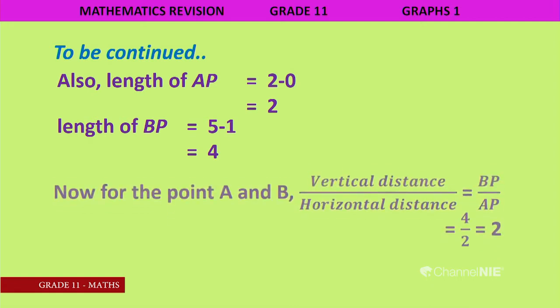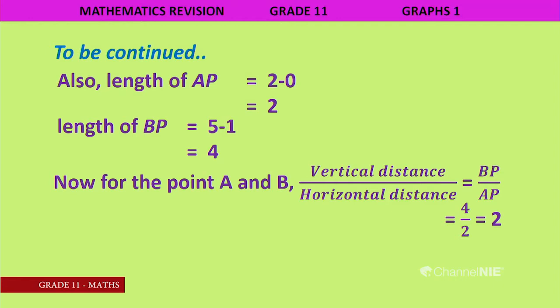Now, for the points A and B, we take the vertical distance over the horizontal distance. What is the vertical distance? BP. The vertical distance is taken on the y-axis. If you want to find the horizontal distance, then you have to consider the x-axis. We will see the difference of x coordinates and the difference of y coordinates later.